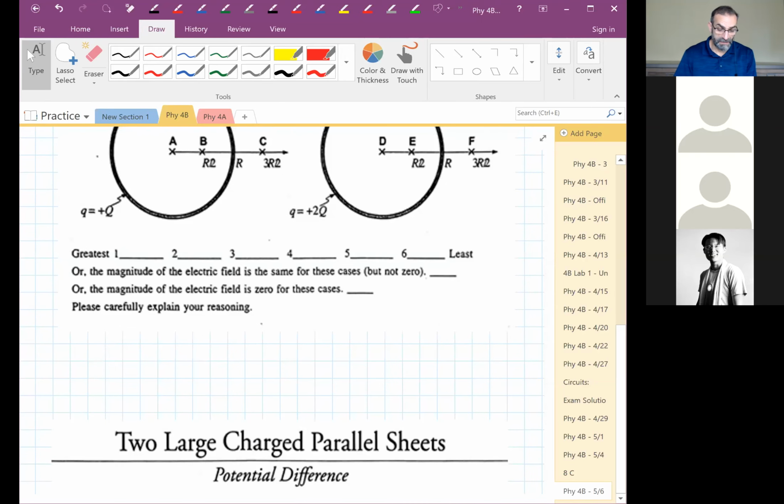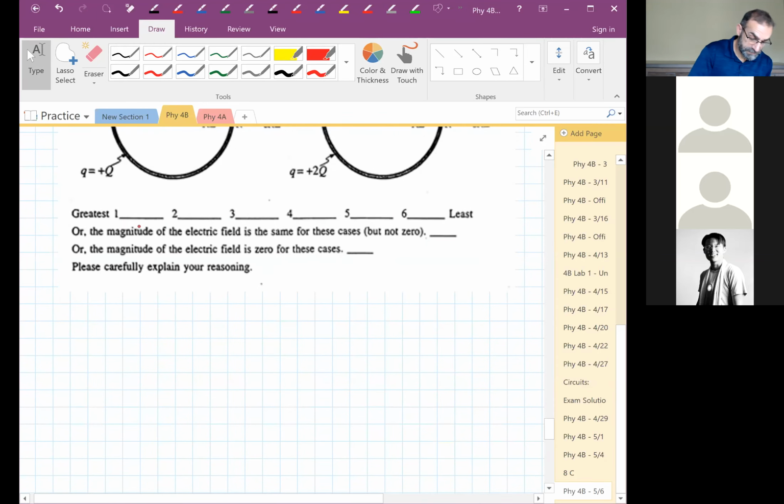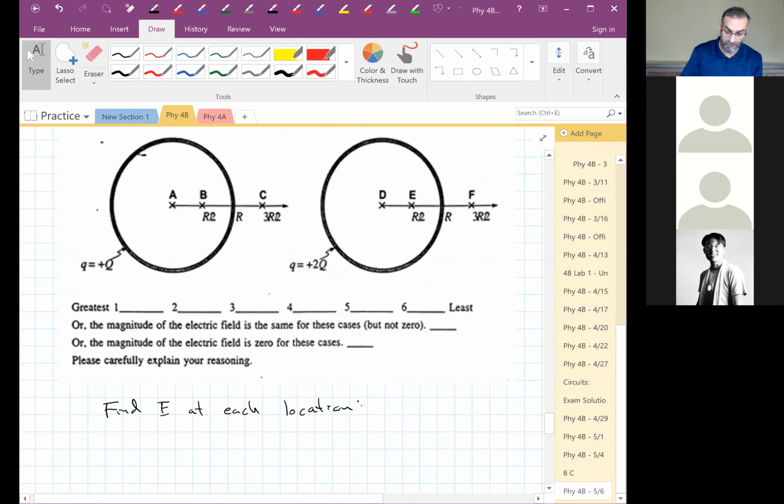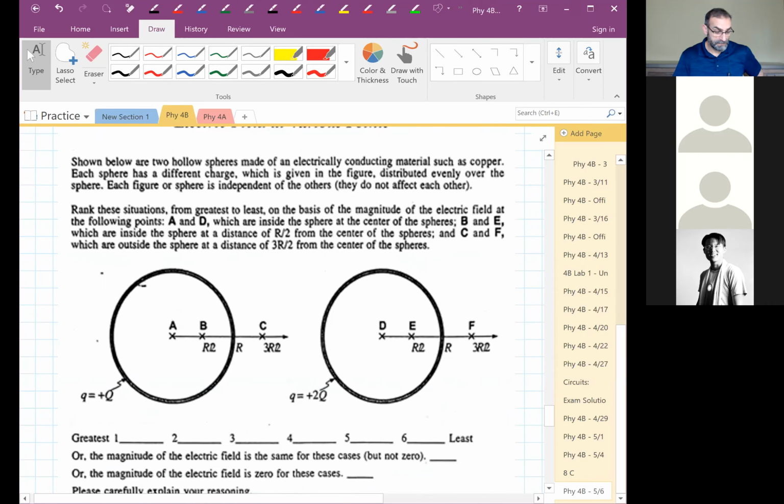They're ranking them, but we're just going to find E at each location. These are conductive shells, hollow.